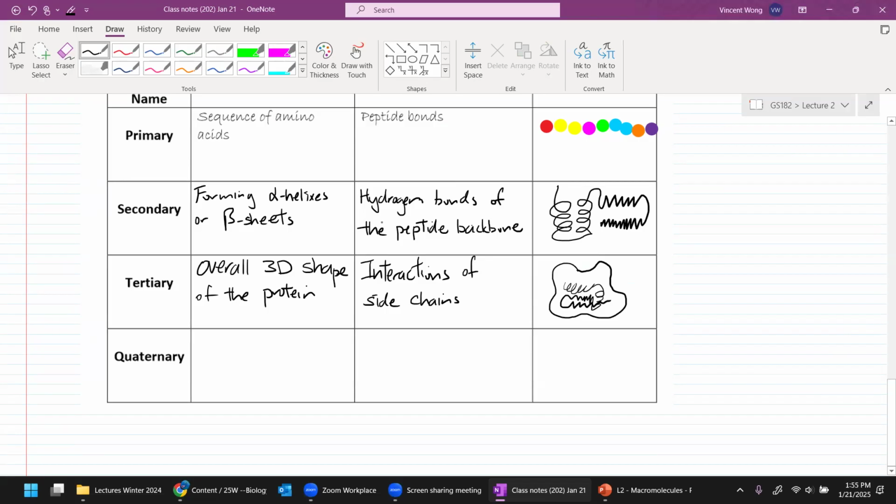Like I said, most would stop here, but some would take it to another level. Quaternary structure, where multiple polypeptides come together to form a complex.